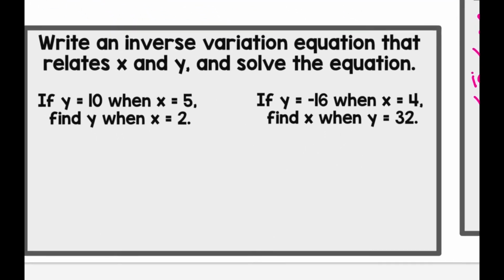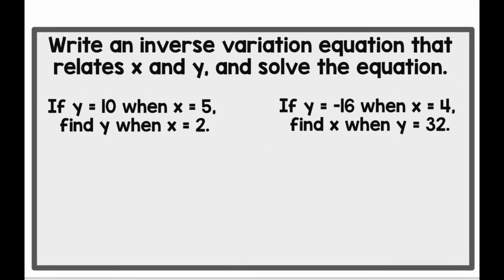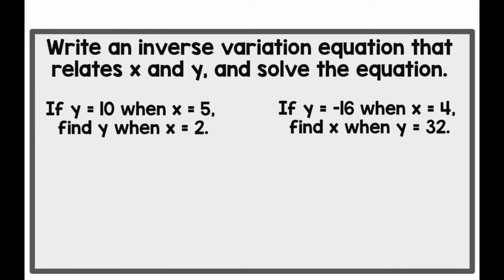Now let's look at some word problems. To write an inverse variation equation, that simply means that we need to write that x times y equals k. So if x times y equals k, we can find k by simply looking at the x and y that's given to us originally.